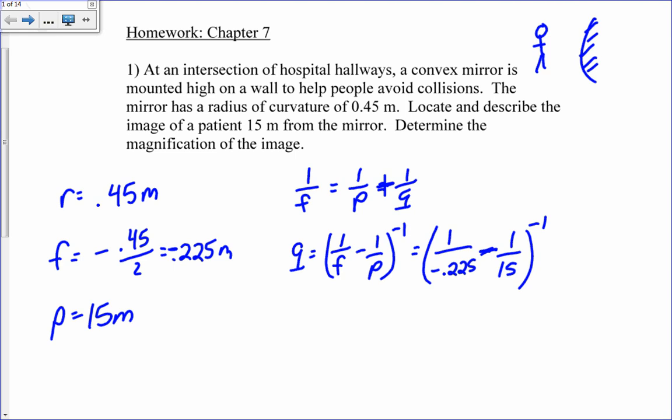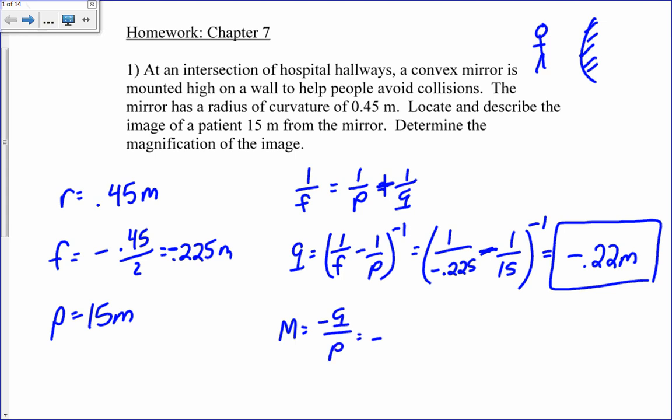That gives me an image distance, Q, equal to negative 0.22 meters. We can find the magnification, negative Q over P. Gives me a magnification of 0.015.